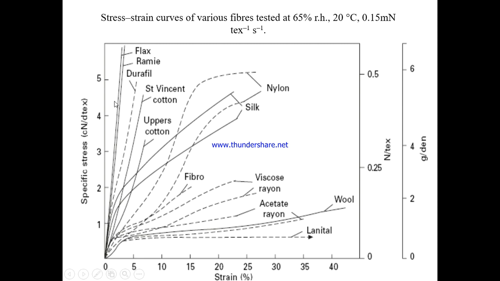That means these fibers have high modulus and stiffness as well as high strength, whereas wool, acetate rayon, viscose rayon have high extensibility, because they have their inclination towards the strain axis. They have poorer strength than the bast fibers such as flax, ramie, durafil, etc., and high extensibility in comparison to those flax, ramie fibers.